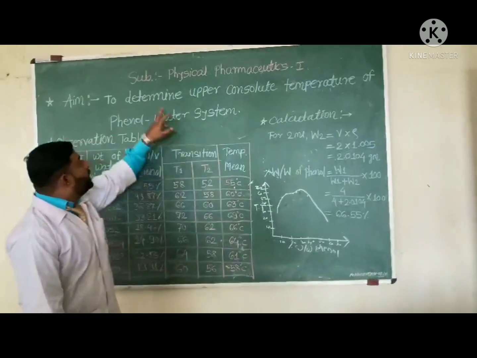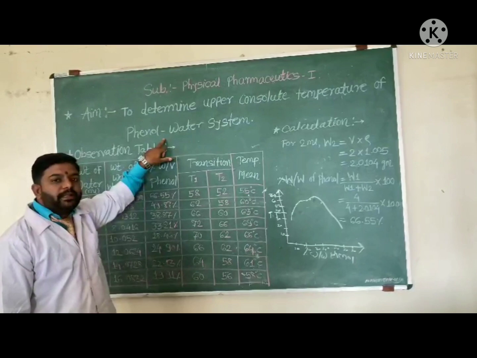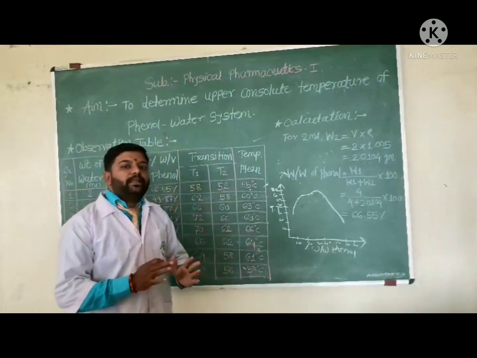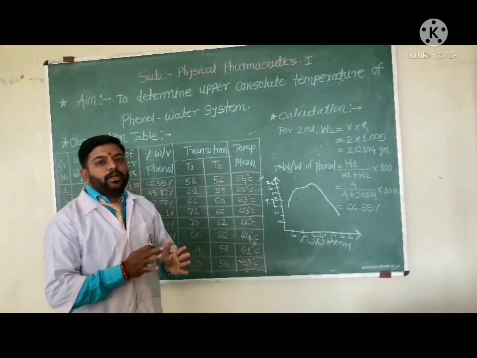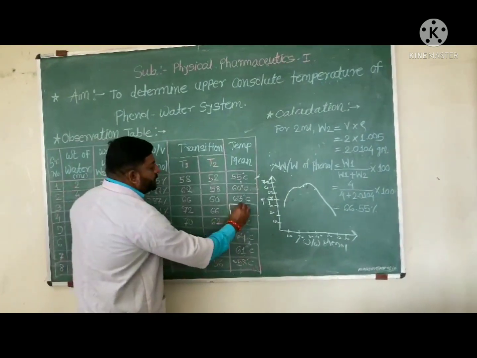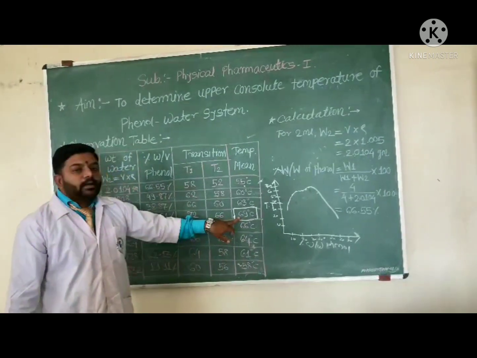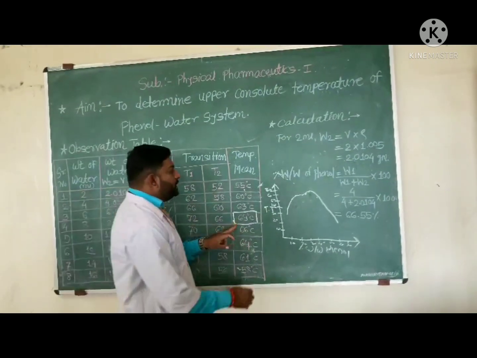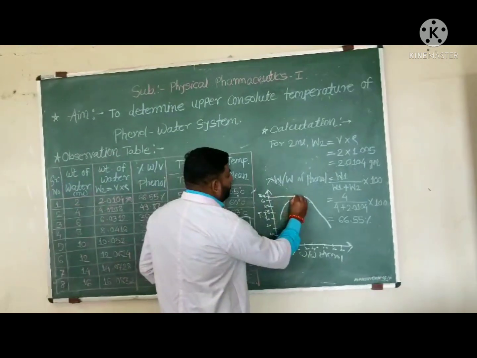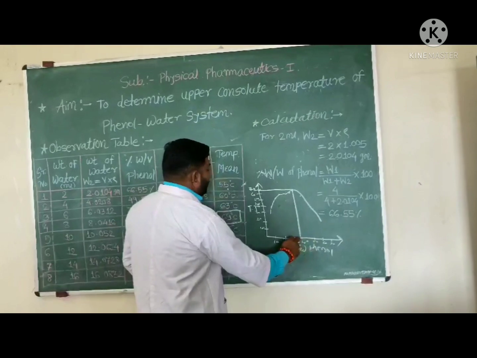Our aim is to determine the upper consolidated temperature of the phenol water system. Upper consolidated temperature means the maximum temperature at which phenol and water are completely miscible with each other. Hence in this reading, the maximum temperature is 69 degrees Celsius. This is our upper consolidated temperature of the phenol water system. At this point we extrapolate to percent weight by weight of phenol.